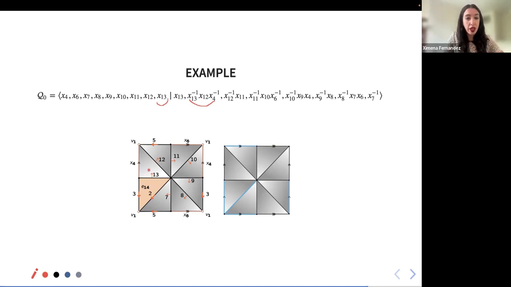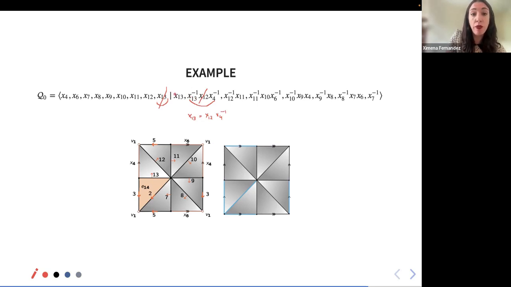Okay, so every time you perform an internal collapse, what you do is eliminate this generator and this relator. And every time you have x13, you replace x13 in the rest of the relators by x12, x4 to the -1. So you perform both these operations in this group presentation.